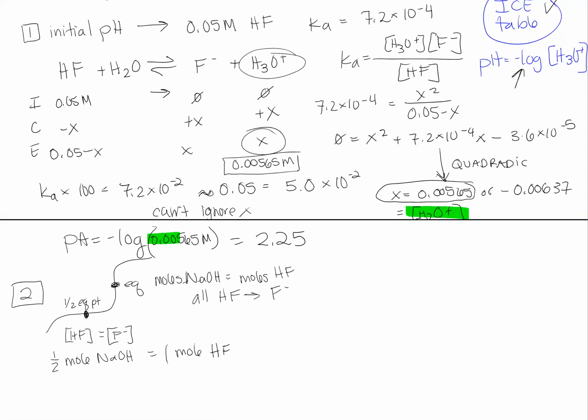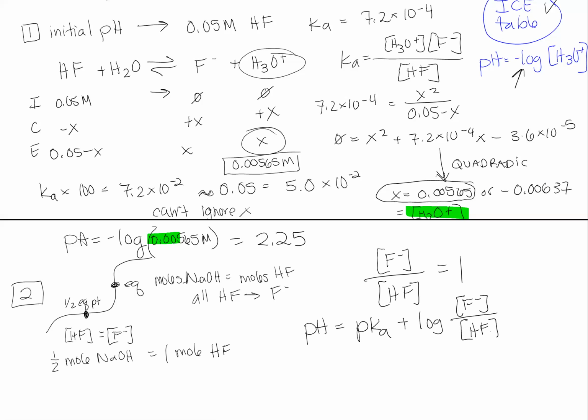So at the half equivalence point, if we know that these two are equal to one another, the hydrofluoric acid and the fluoride, then that ratio of F minus to HF has to be 1. So thinking about the Henderson-Hasselbalch equation, the pH is equal to the pKa plus the log of our fluoride ion divided by the concentration of our hydrofluoric acid.